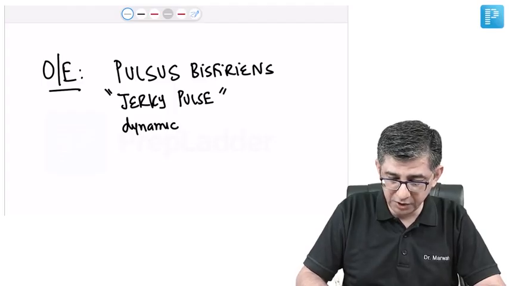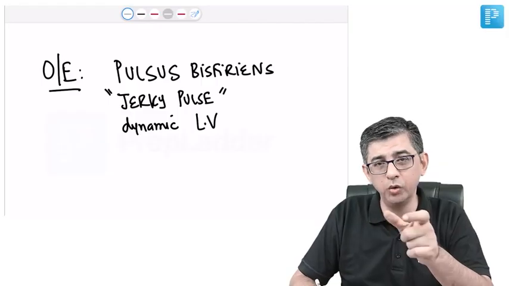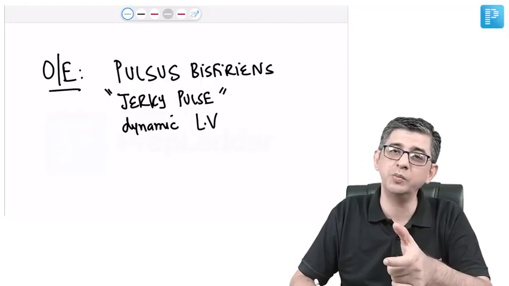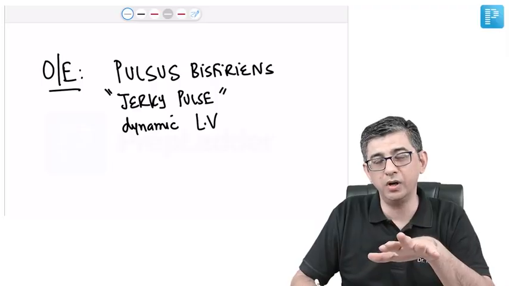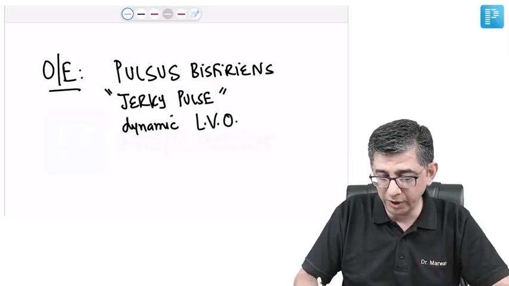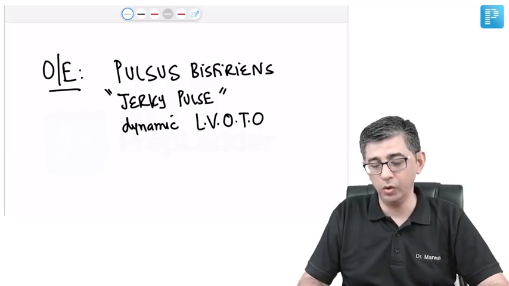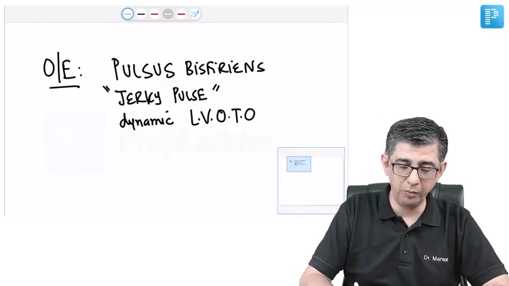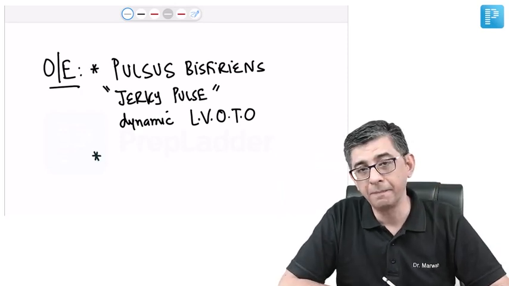To make it sound sophisticated, the MCQ will say dynamic, which means the problem is occurring due to that hypertrophied muscle which is acting like a speed breaker during the phase of ejection when blood is going out of the heart. So when I'm saying movement is occurring, I said dynamic. And left ventricular outflow tract obstruction. So dynamic LVOTO is the reason behind development of pulsus bisferiens, which can be felt in these patients.